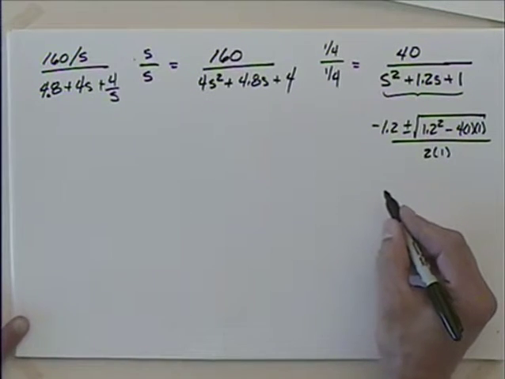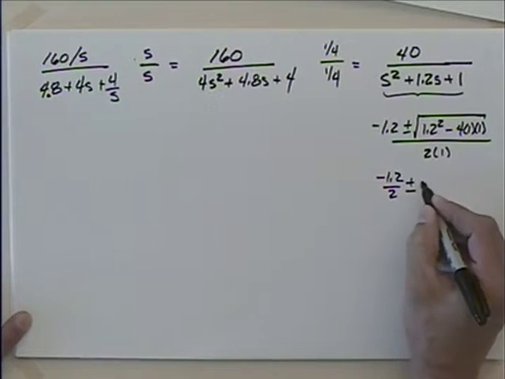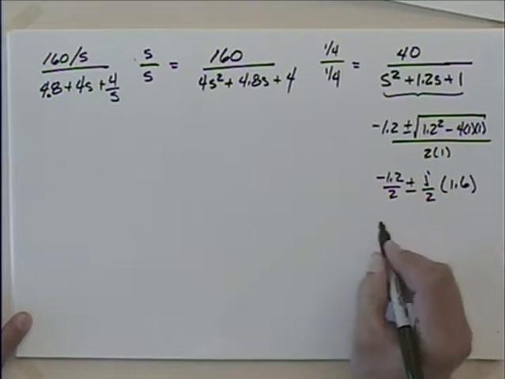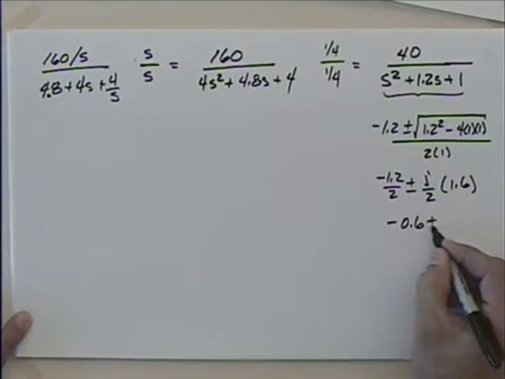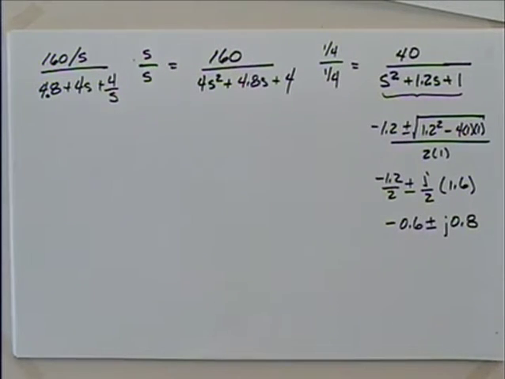So I come up with minus 1.2 over 2 plus or minus j over 2 times 1.6. So we have minus 0.6 plus or minus j 0.8. Okay with that?